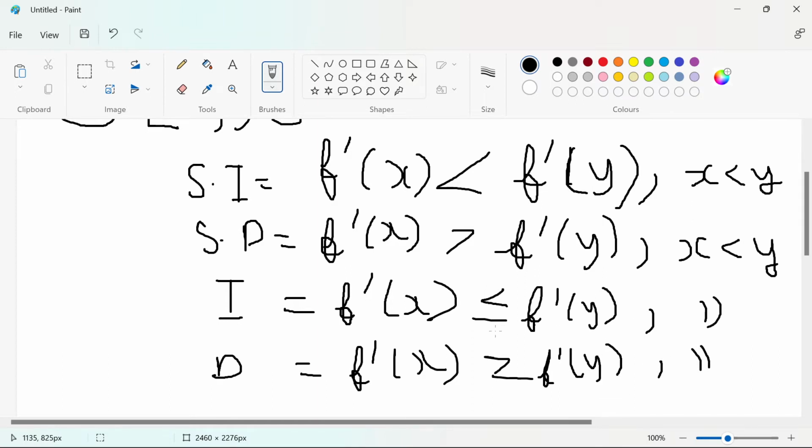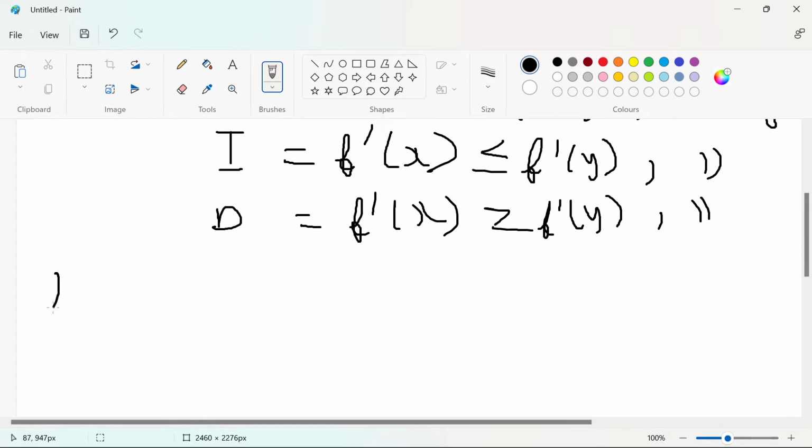Same, ditto sign. And if the graph looks like a bucket, this is increasing, decreasing, or strictly increasing, strictly decreasing.